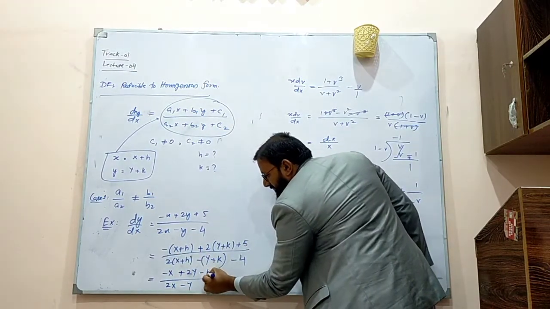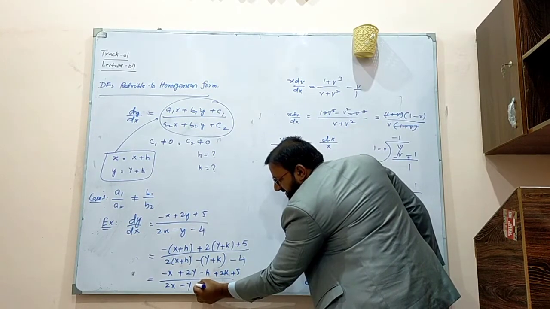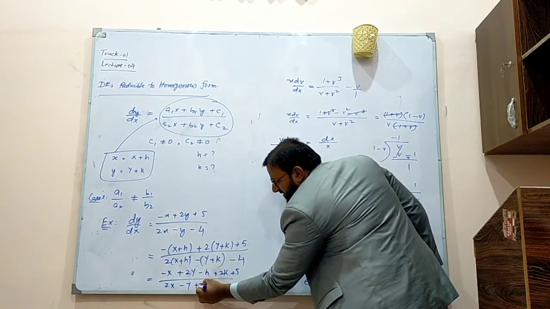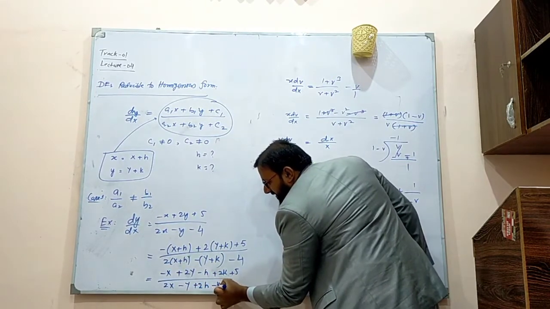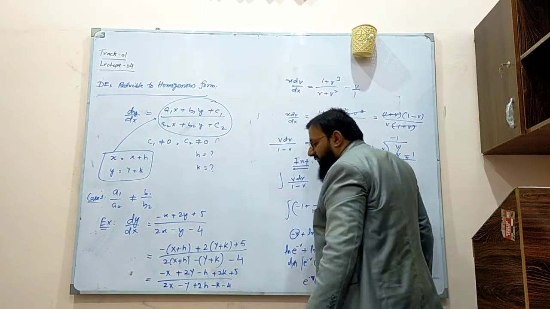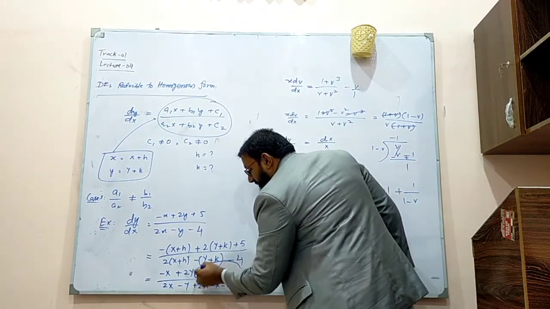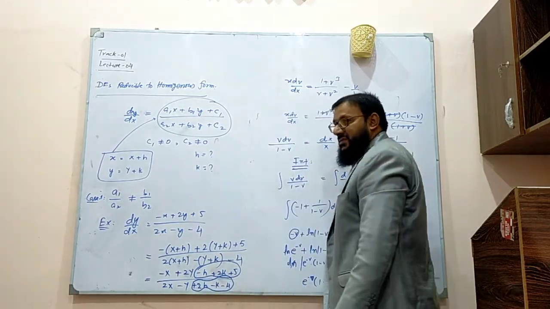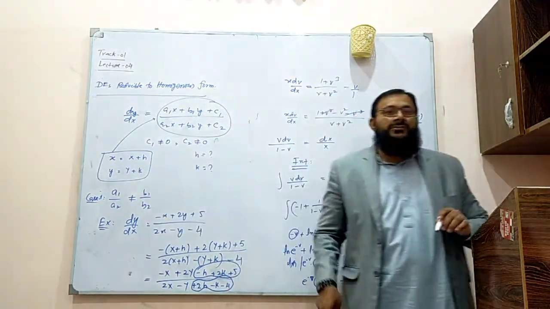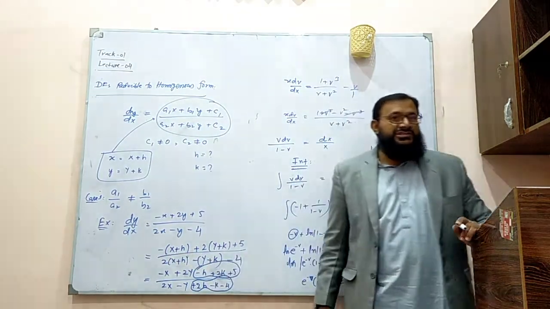Minus h plus 2k plus 5, and this is 2h minus k minus 4. If you want this to be homogeneous, you have to make this thing equal to 0 and this thing equal to 0. So you assume that these are 0, leave them out, and solve your homogeneous equation.